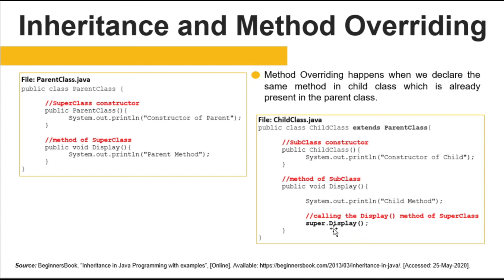You can also call other methods which are not overridden. That is also possible by using the super keyword. In our case here, right after printing the child method using the display method of your child class, you are calling super.display, which means it will call the display method of the superclass which prints the parent method right after printing child method.